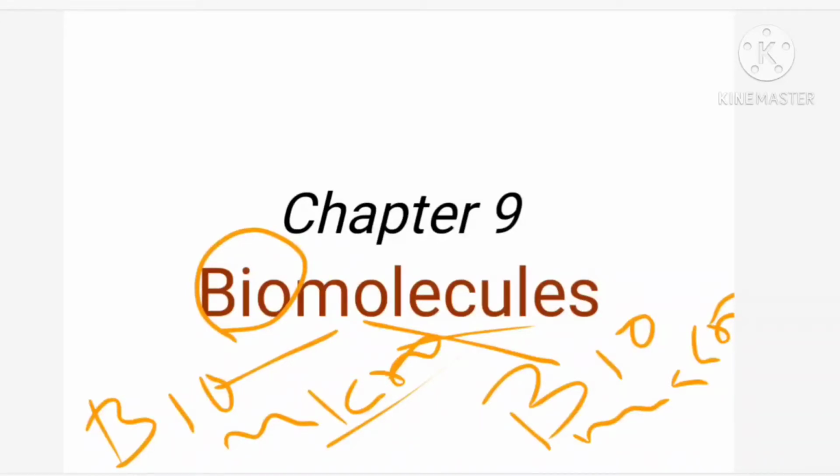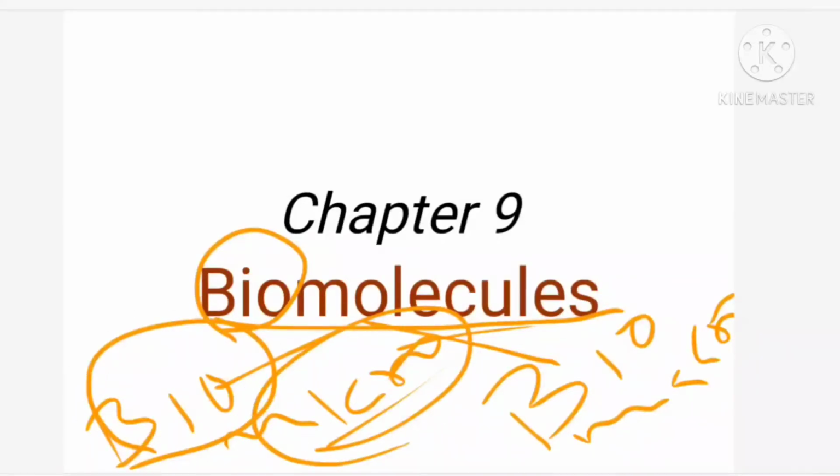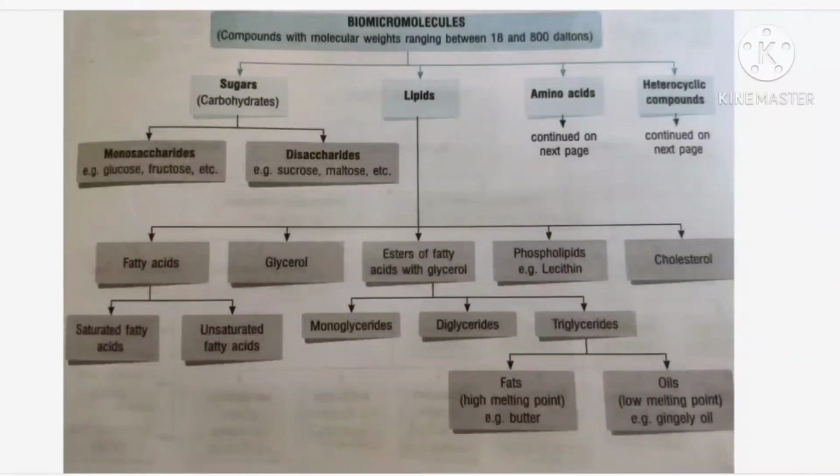Now moving on to the first part, we are going to see biomicromolecules. How much I am dealing with is enough for studying for now; in class 12 you will cover it in detail.